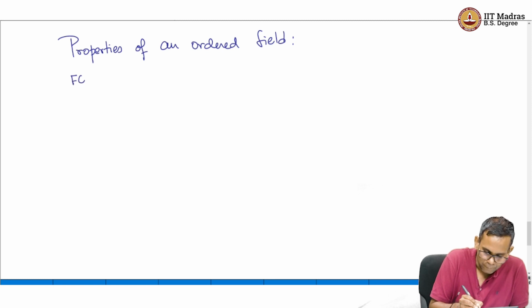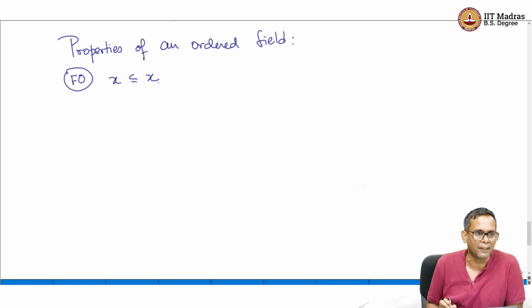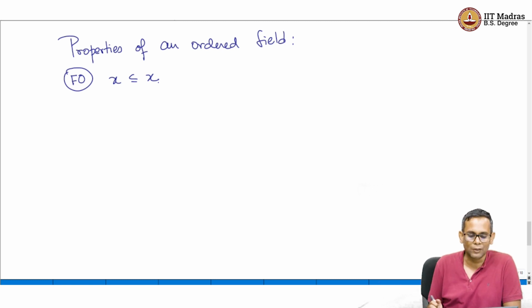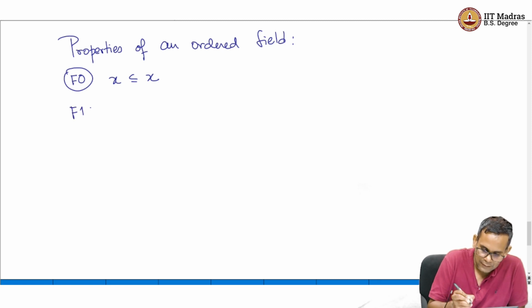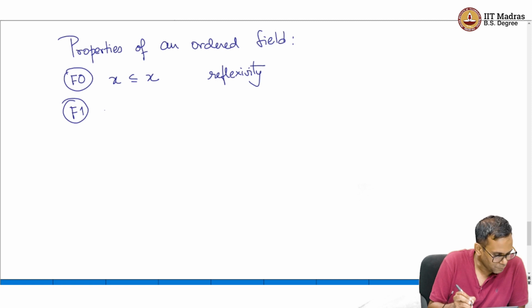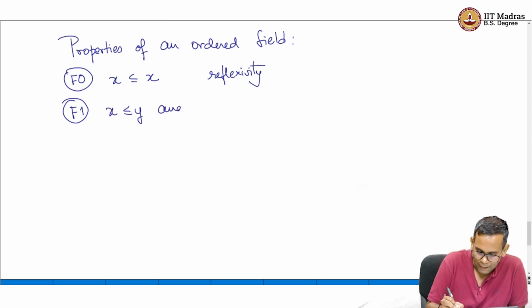Firstly, x is less than or equal to x. This is just from the definition of less than or equal to. x is equal to x, so x is less than or equal to x. This property is formally called reflexivity. The second property is that if x is less than or equal to y and y is less than or equal to z, then x is less than or equal to z.